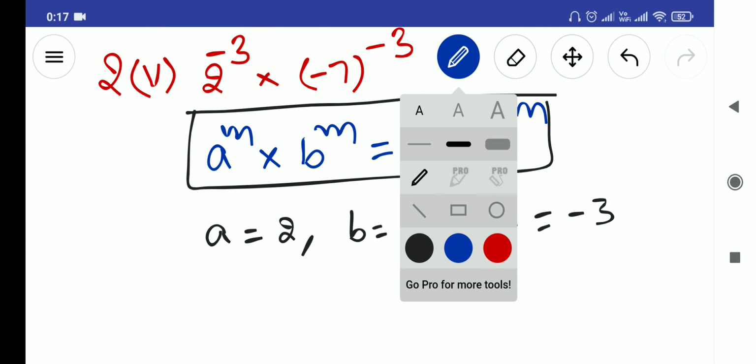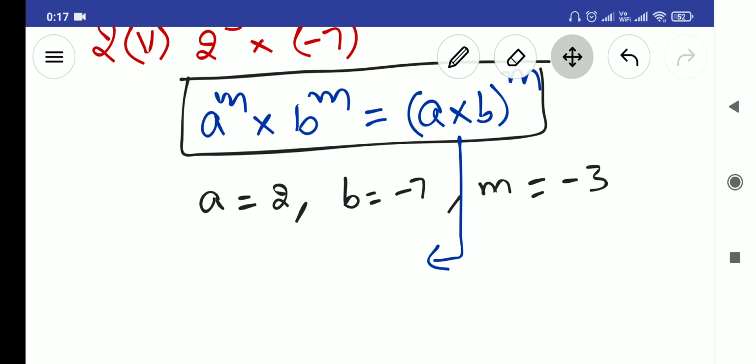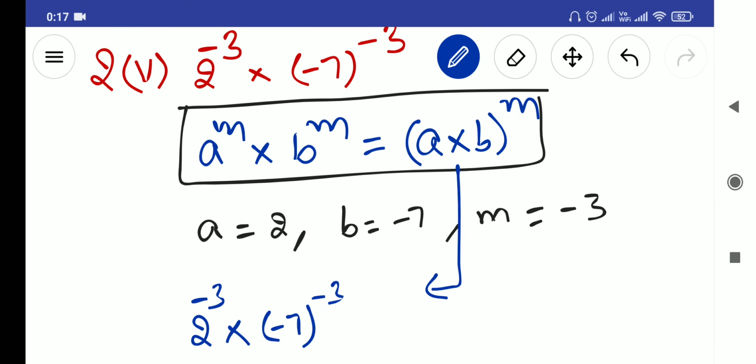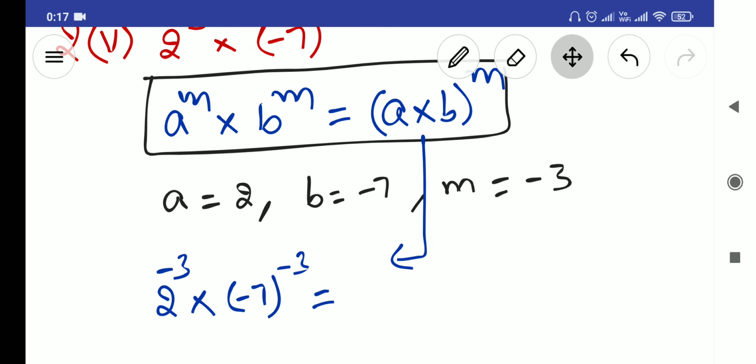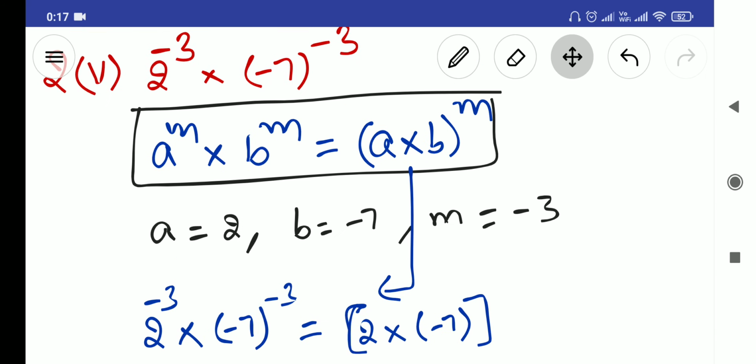So I am applying this right side result, which I have to write now. 2 power minus 3 into minus 7 power minus 3 will be equal to a into b, that is 2 into minus 7, both inside the bracket, whole power m, which is minus 3.